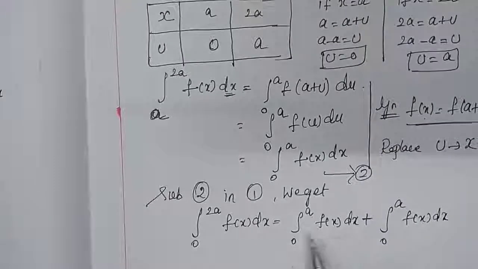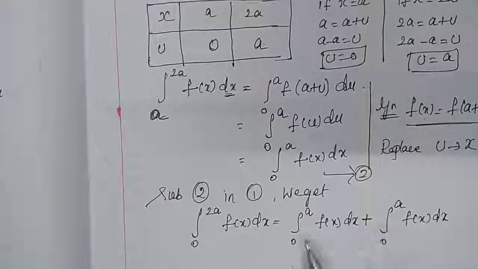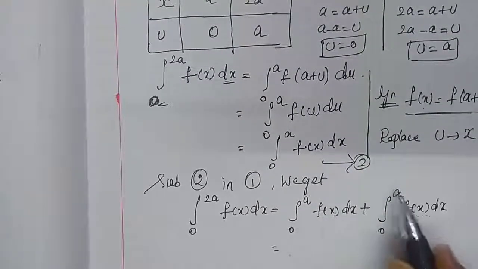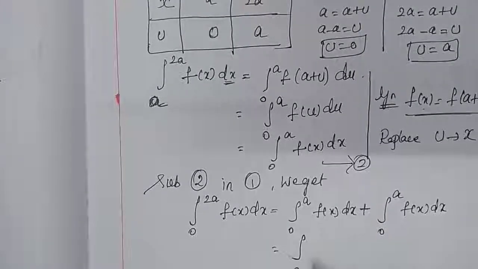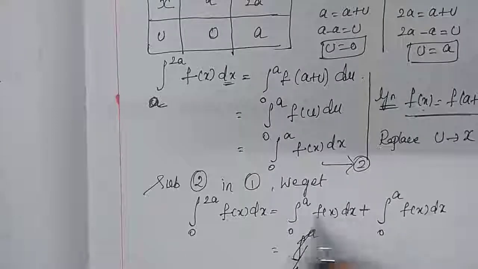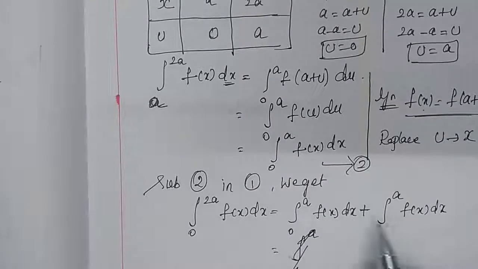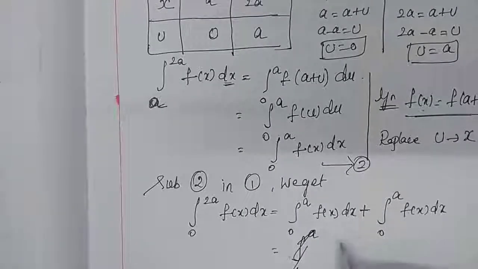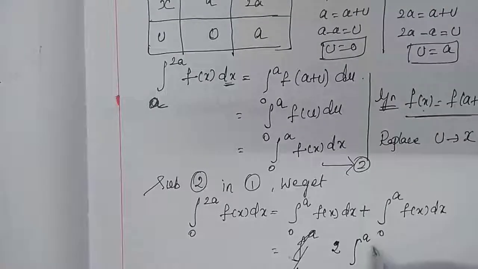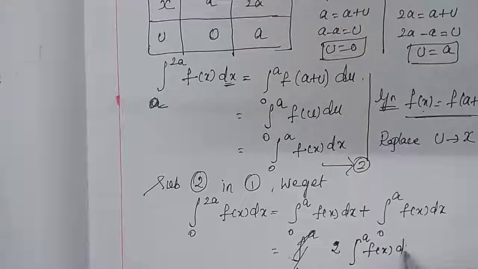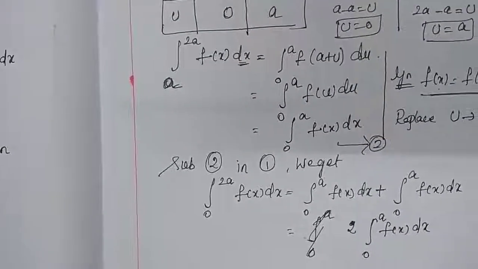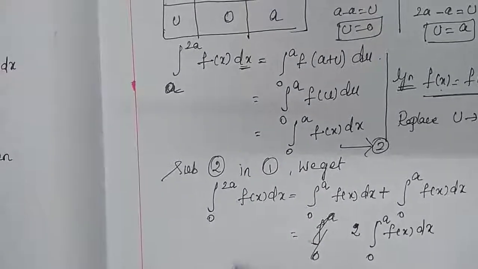Look, the integral limits for the two terms are the same, 0 to a. So we can write 2 times the integral from 0 to a of f of x dx.